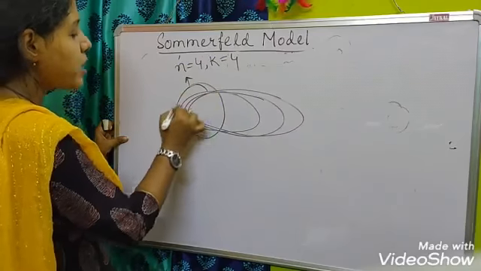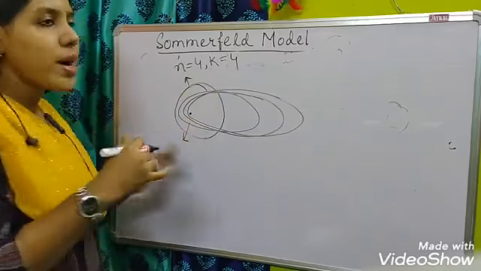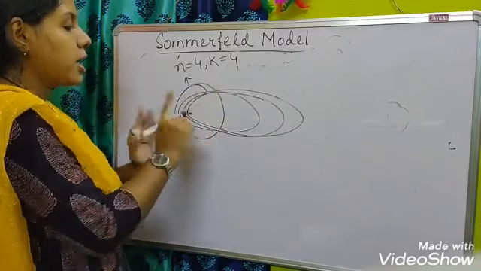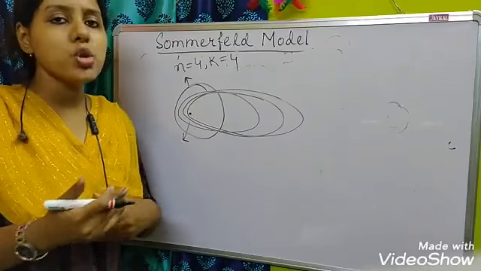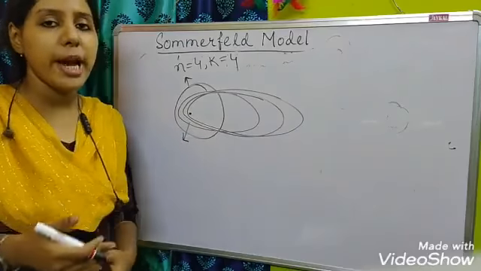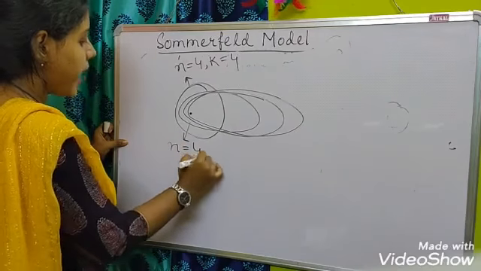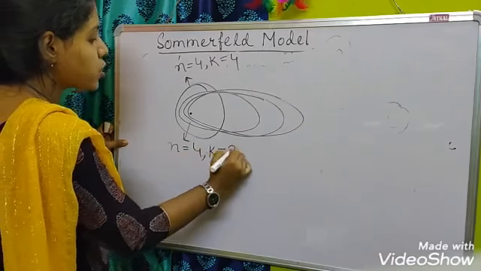The second one, the second subshell which is very close to a circle, has the value n equal to 4, k equal to 3.